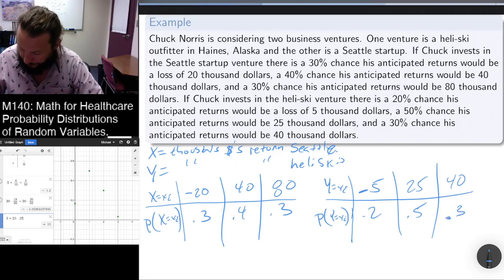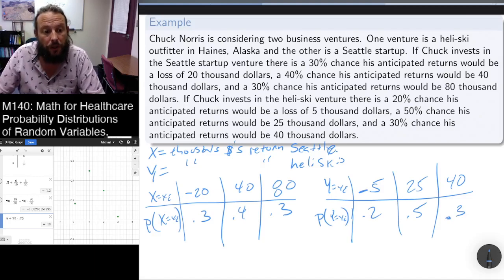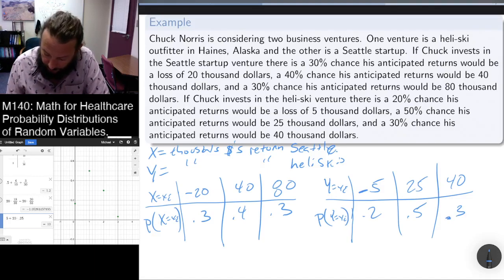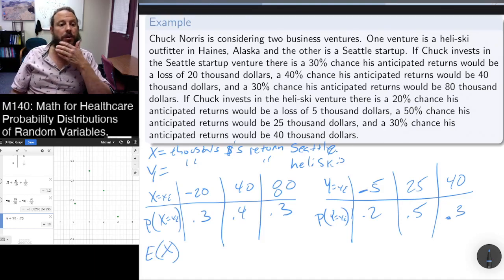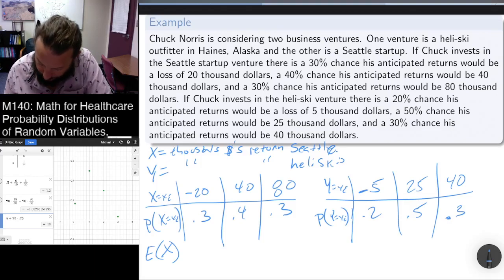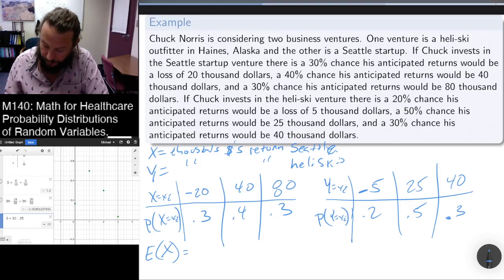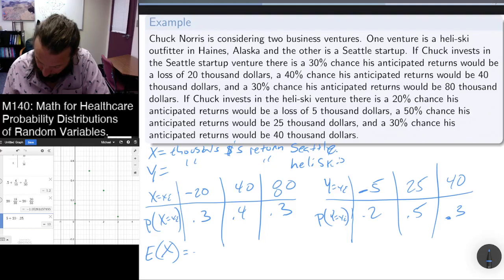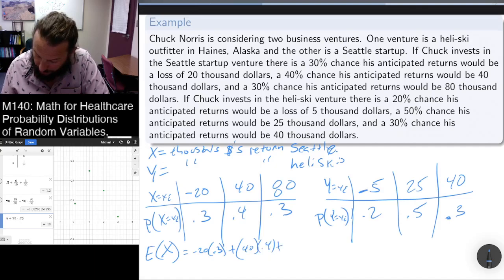All right. Now, we want to find these expected values. At this point, you should be able to do that on your own. Go ahead and hit pause and try and find those. But it's negative 20 times 0.3 plus 40 times 0.4 plus 80 times 0.3.